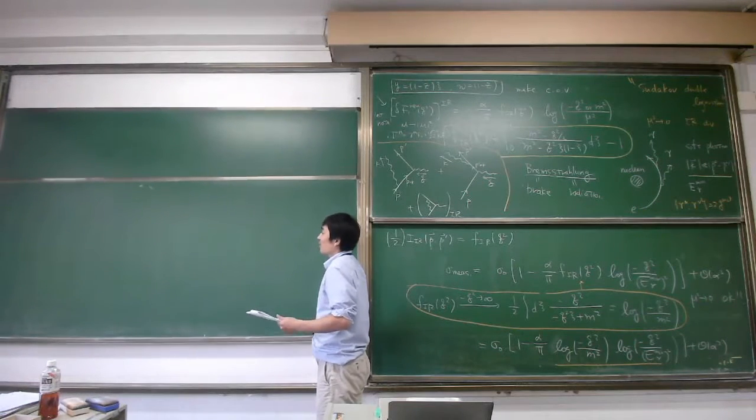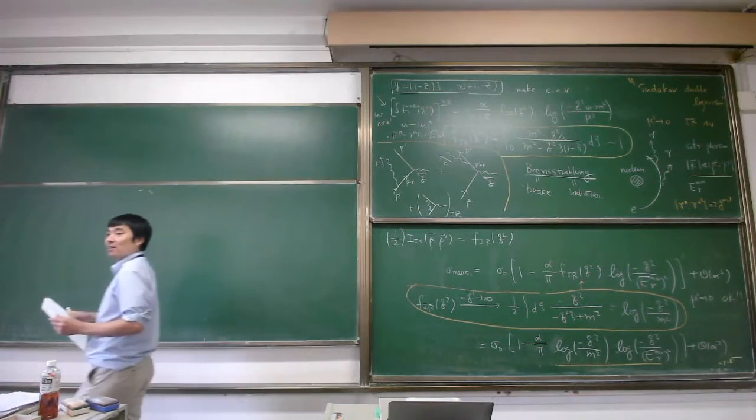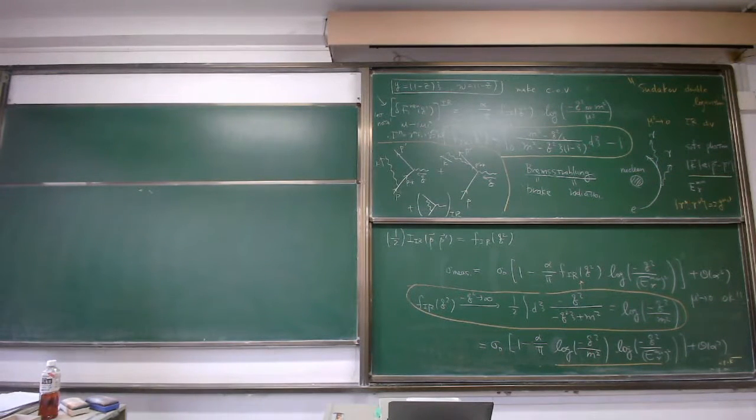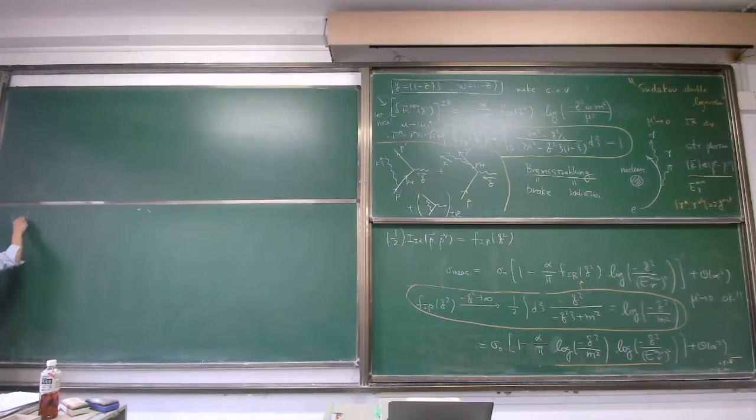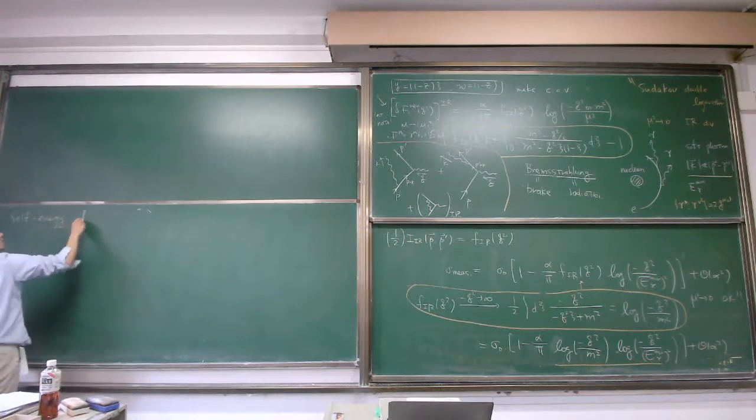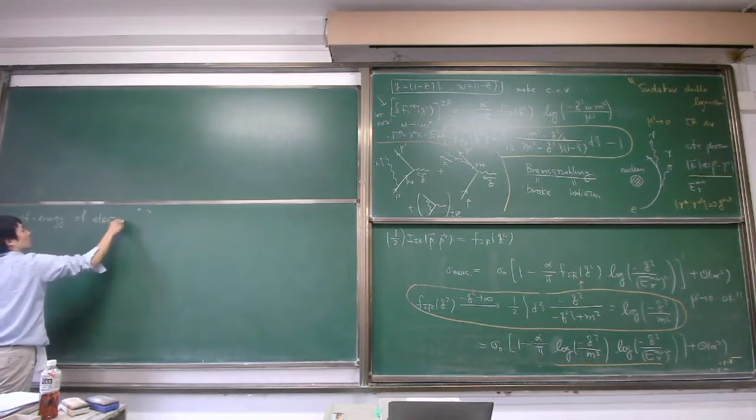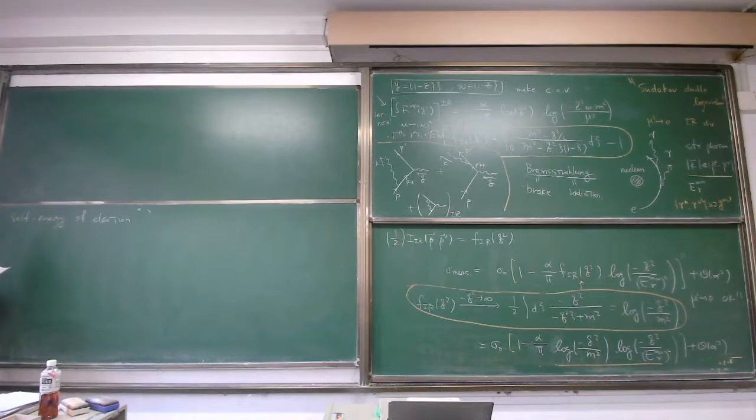So the next topic is the self energy of electron. And what is the self energy of electron? As I mentioned, the electron receives lots of quantum corrections.